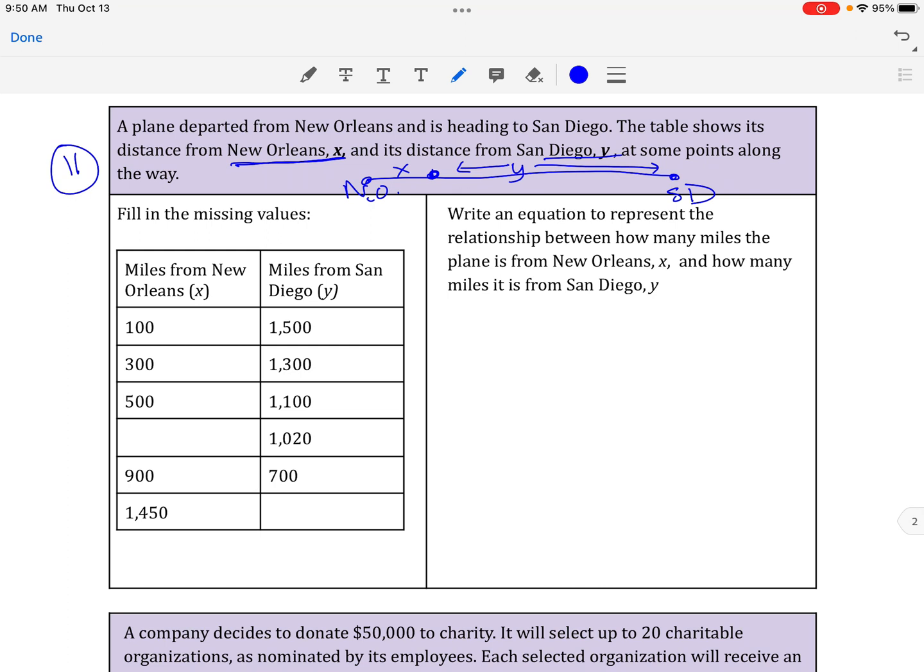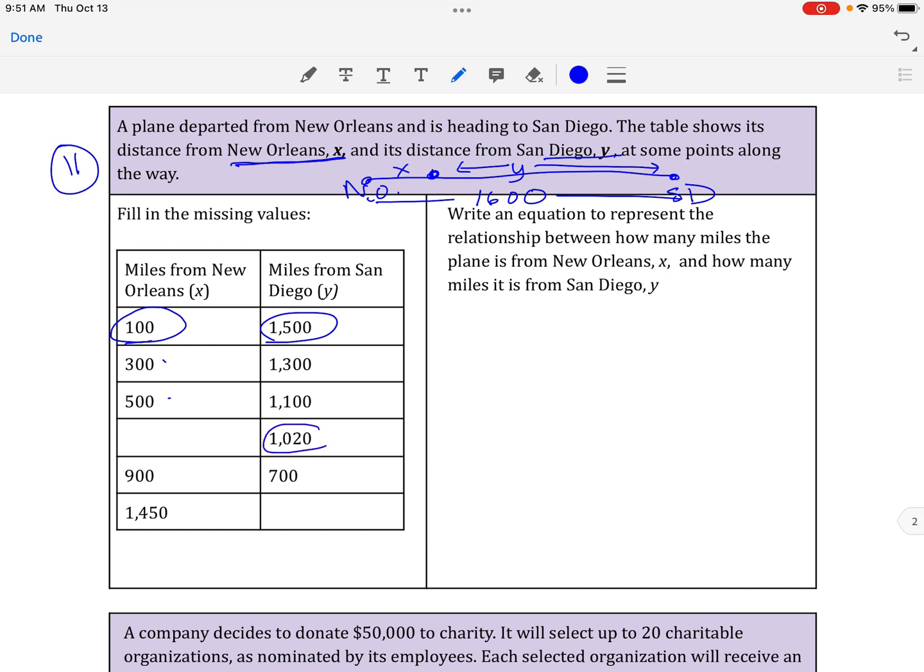All right, so let's see what we have here. When we're 100 miles from New Orleans, we're 1,500 from San Diego, etc. So we look at the pattern and we see, well, it looks like New Orleans and San Diego are 1,600 miles apart total.